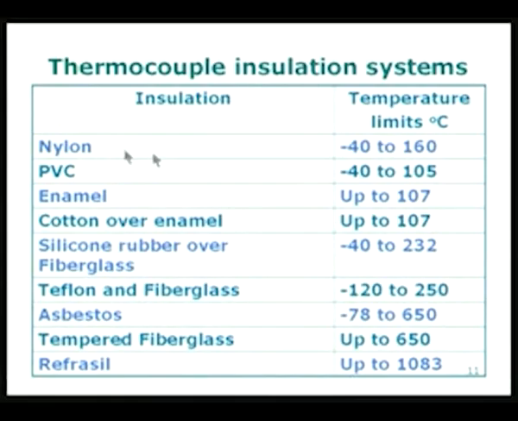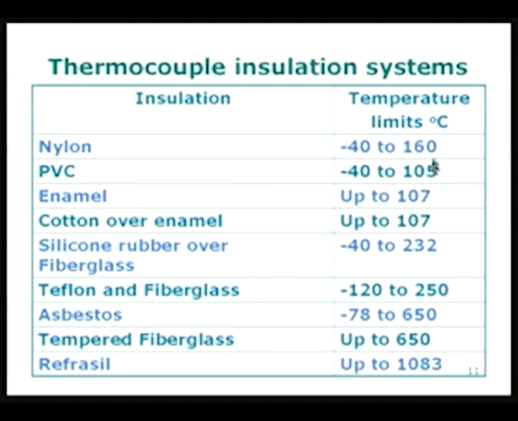Nylon can be used between -40 and 160 degrees, that is, relatively low temperatures. PVC, polyvinyl chloride, -40 to 105. Then we have enamel up to about 107 degrees. Cotton over enamel, so you have enamel covering the wire, and over that a cotton covering, up to 107. You can have silicone rubber over fiberglass, -40 to 232.